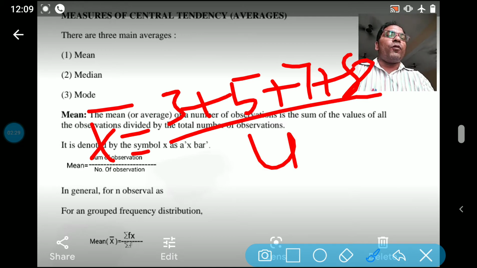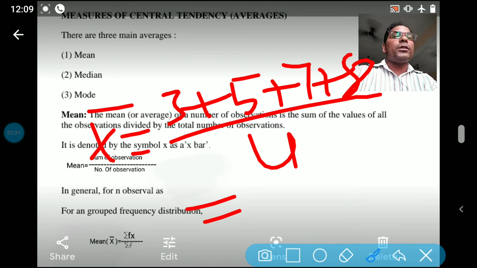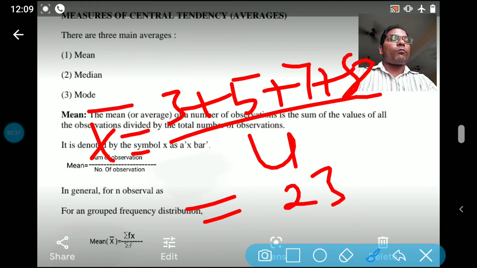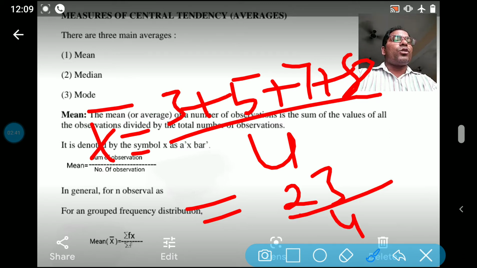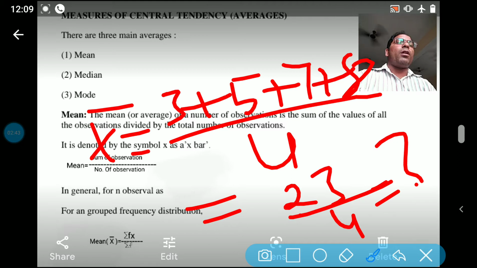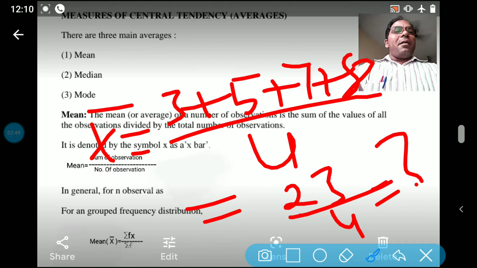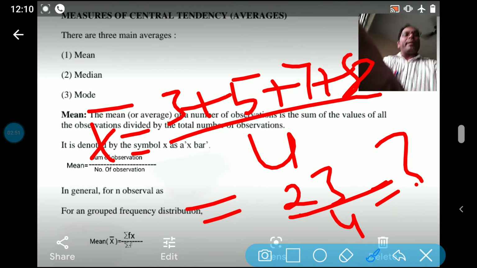The sum is 3 plus 5 is 8, 8 plus 7 is 15, 15 plus 8 is 23, so 23 upon 4. Whatever answer comes is your mean. This is the general formula to find the mean.